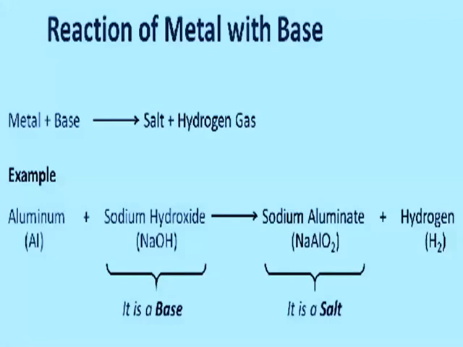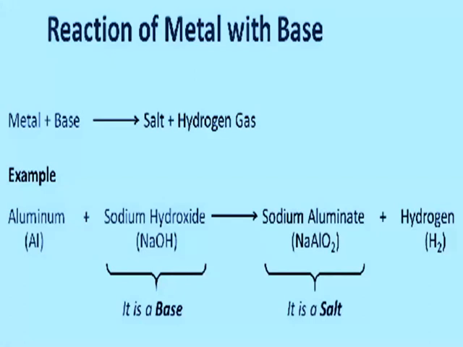Today we'll see reaction of metal with base. Usually the base taken here is alkali: sodium hydroxide, potassium hydroxide, calcium hydroxide. So when a metal reacts with a base, we get a salt along with the evolution of hydrogen gas.